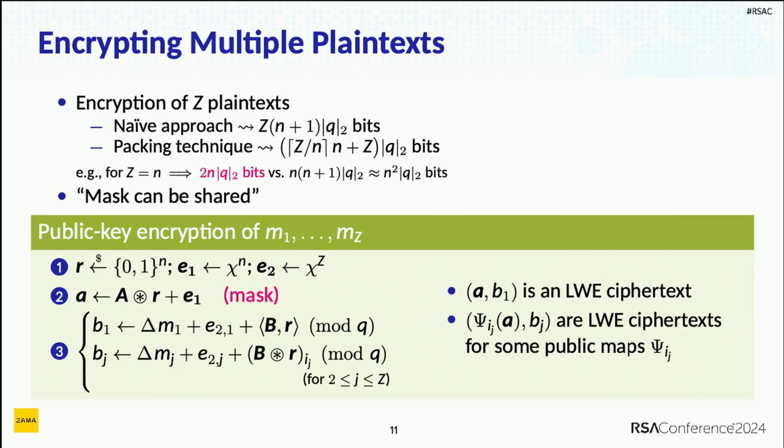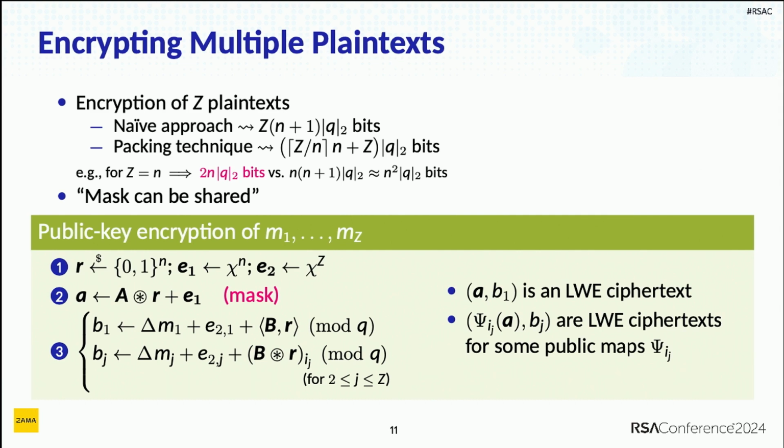The way it works, if you want to encrypt, in this case, Z messages, you take, as before, a random string R, two noises, E1, E2, then you compute the mask, just as before, and the computation of the body is slightly different.